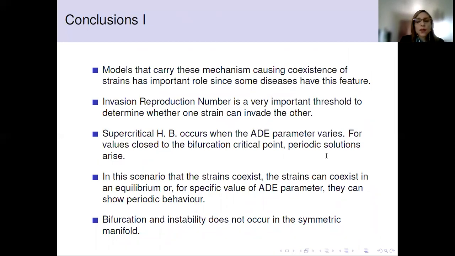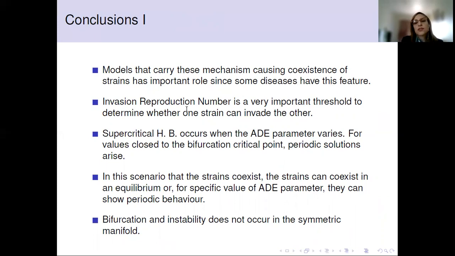We have then the conclusion. Our result is a mathematical result. Models that carry these mechanisms like antibody-dependent enhancement, multiple strains and cross-immunity protection are very important because we can show that a coexistence equilibrium is possible.